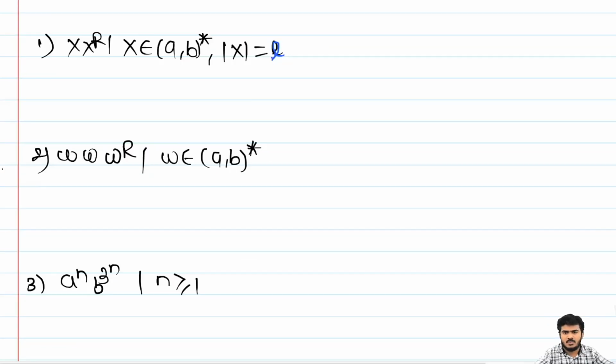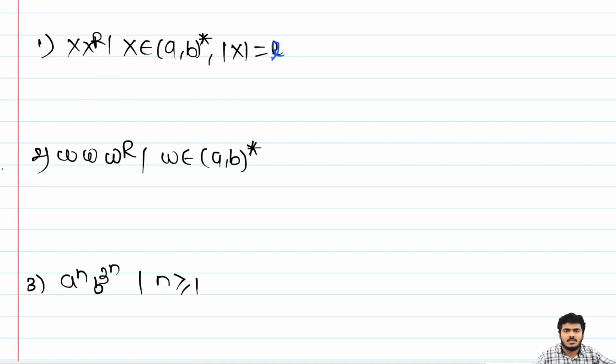We will see some more languages. The first language is x and x raised to the power r, that is the reversal of x, where x is a string and x reversal is the reversal of that same x. And x is formed over a comma b, and the length of x is fixed, that is l, and l is anything.